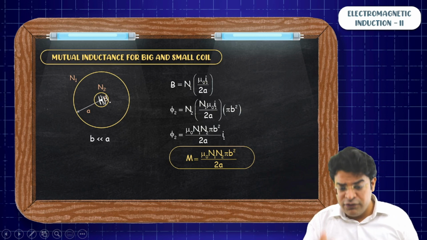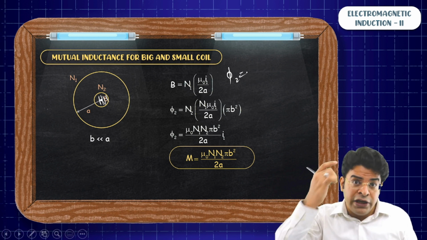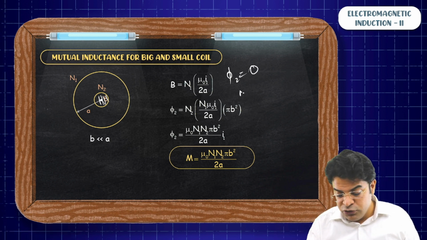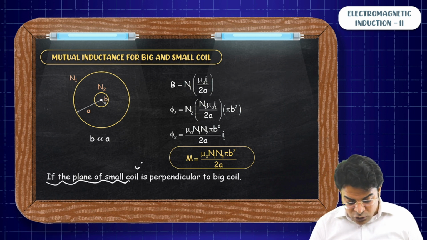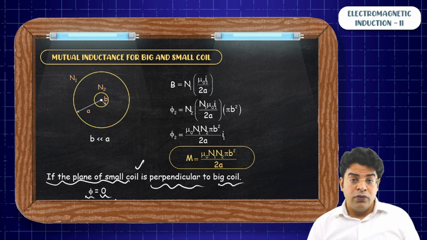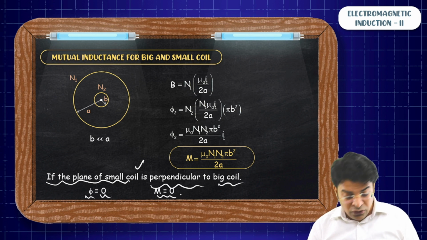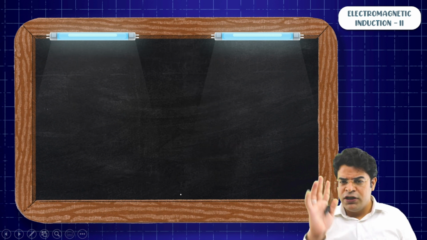As the flux linked will be 0, you will say that the flux linked with the smaller coil due to the current flowing in the bigger coil is 0. Hence the mutual inductance has to be 0. So if the plane of the small coil is perpendicular to the big coil, then the flux linked is 0 and hence the mutual inductance is 0. So orientation also matters. So let's practice more questions and find out the mutual inductance every time.